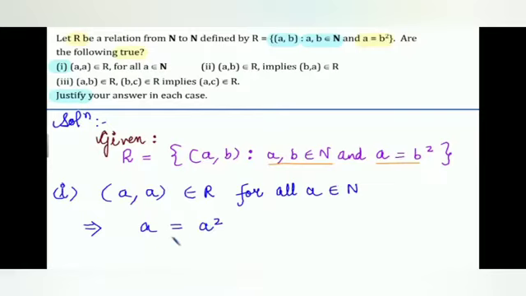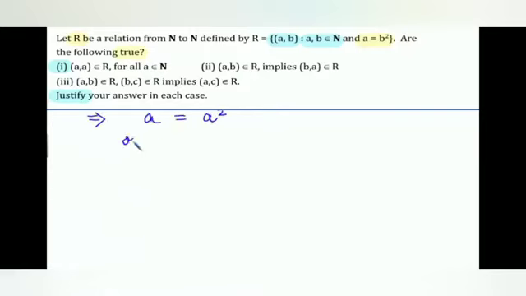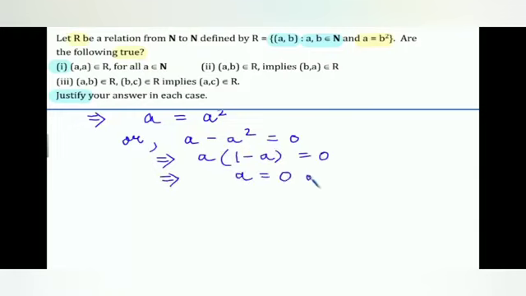So a = a², or a - a² = 0. So a(1 - a) = 0, so a = 0 or a = 1.